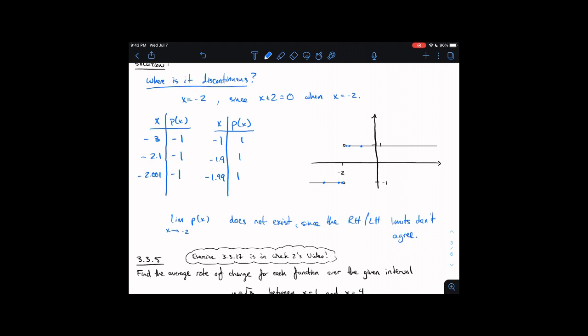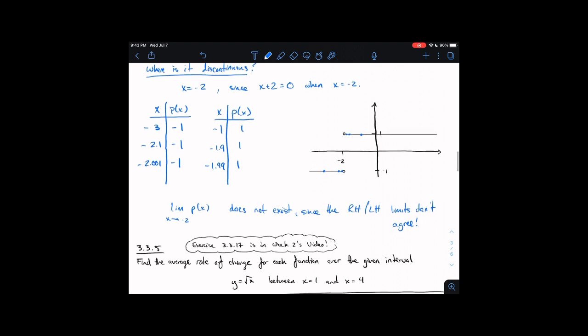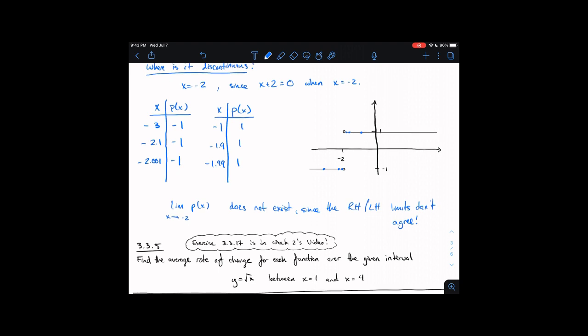They exist, but they're not the same. I remember last week I gave a condition for the definition of a limit and when a limit exists. They have to be that both the right and the left hand side limits exist and are equal.